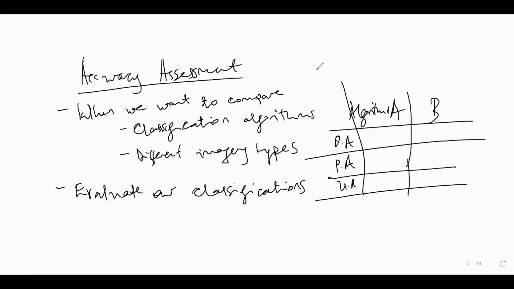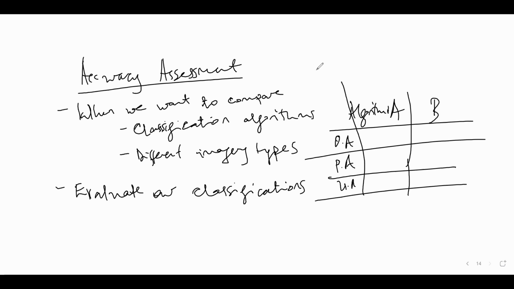Okay, so when we're doing accuracy assessment, we want to compare algorithms. So for example, it is said that Uganda is going to launch a satellite into space. How would we evaluate its products vis-a-vis other imagery?